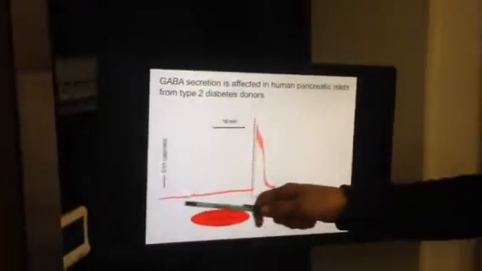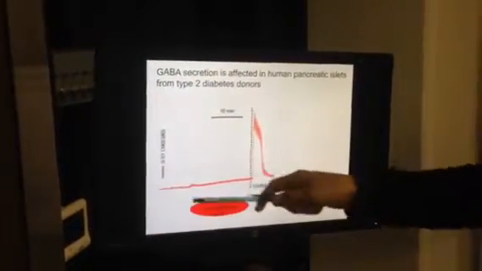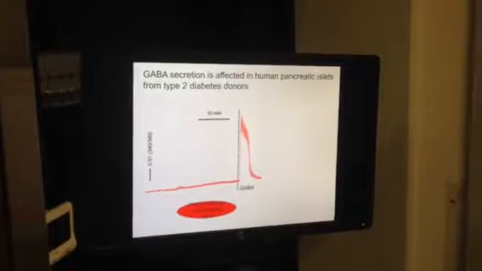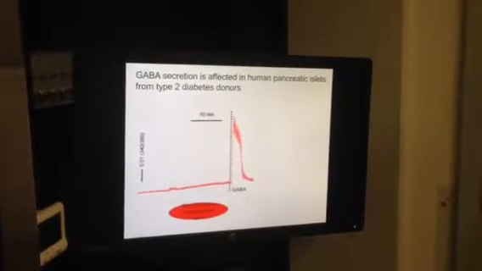So we have access to human islets from donors, and these human islets could sometimes be type 2 diabetic. When we had access to type 2 diabetic islets, we tried to put them on top of the biosensors, and it was very interesting because the type 2 diabetic islets were not able to release any detectable GABA.